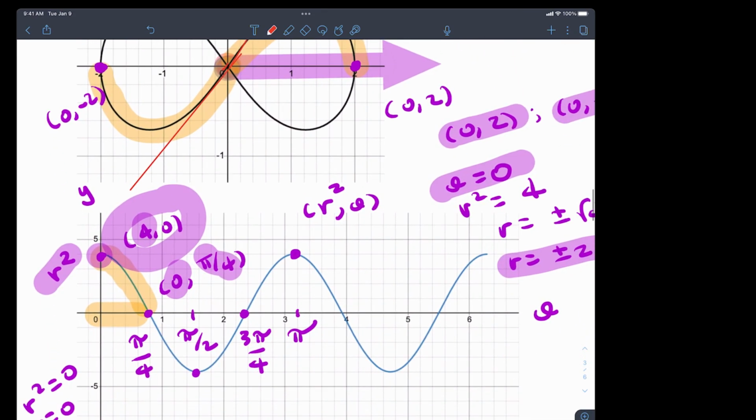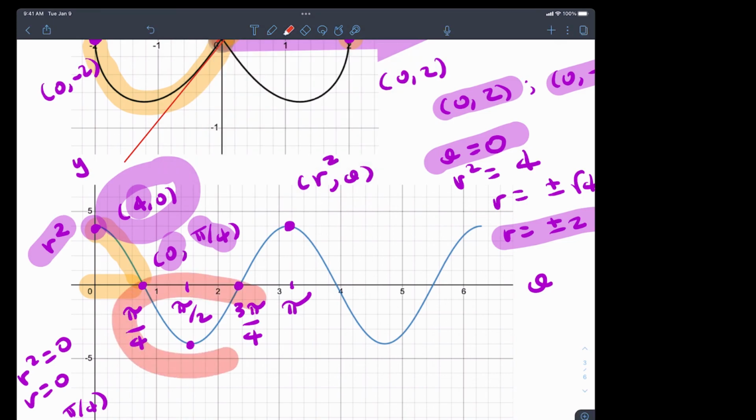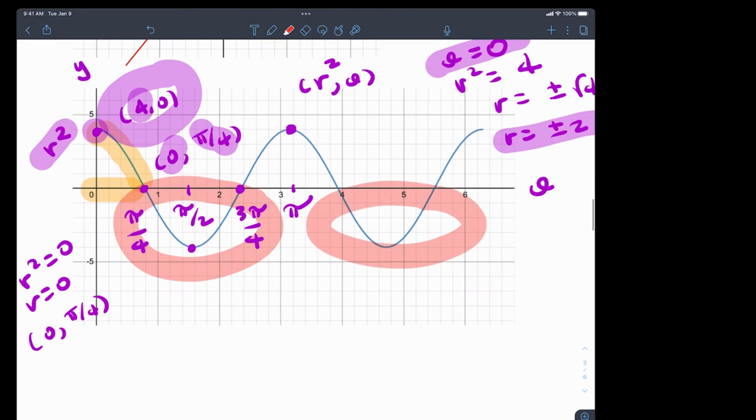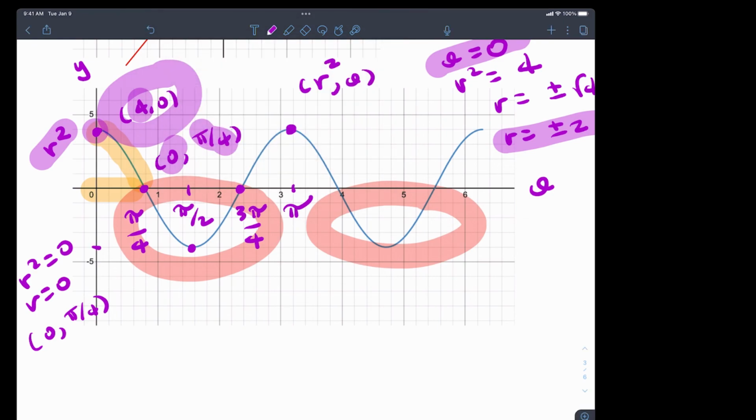The next most important thing is that you do not care about these values here or these values over here. Does anybody know why you don't care? Because what's the radius over here? This means r squared is -4 down here, right? Isn't this where -4 is?